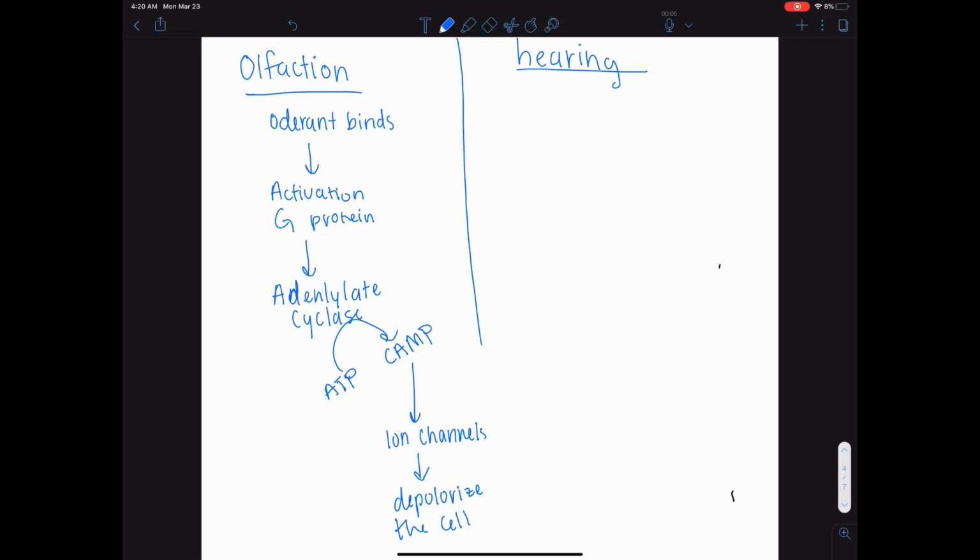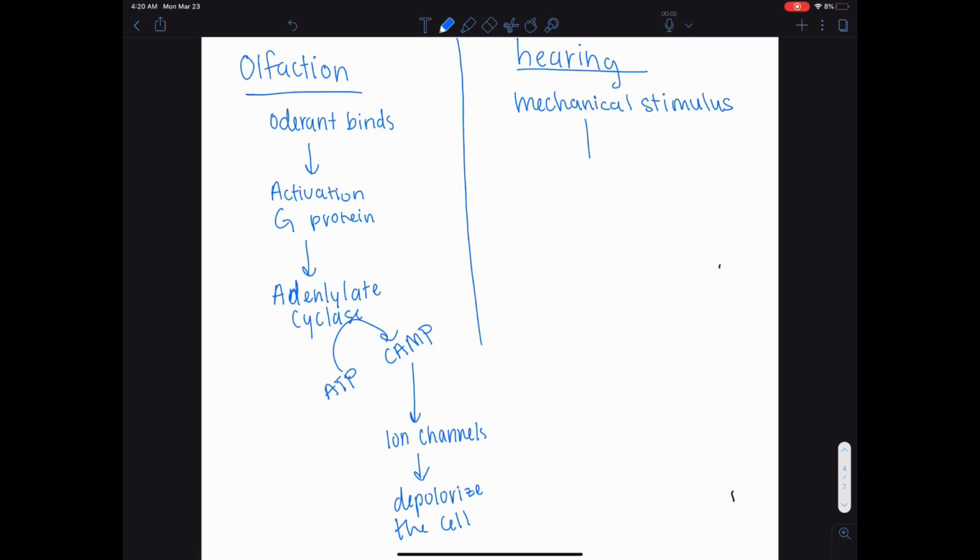For hearing, you have a mechanical stimulus that is generated from the moving of the cochlear fluid, the fluid in the cochlea, over the stereocilia.